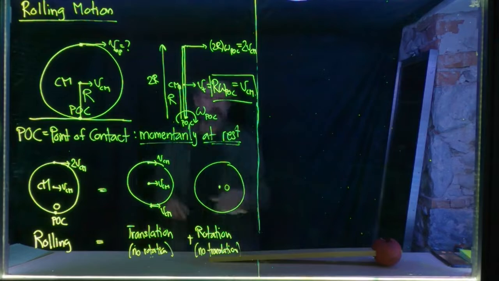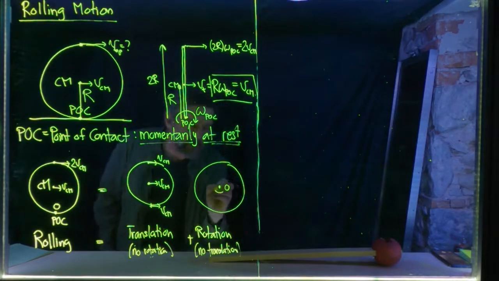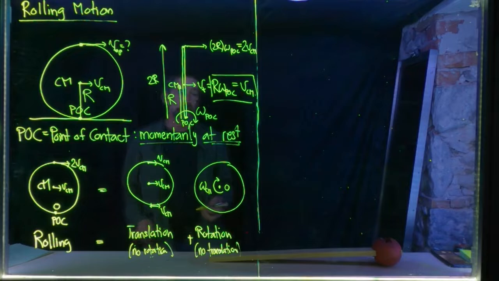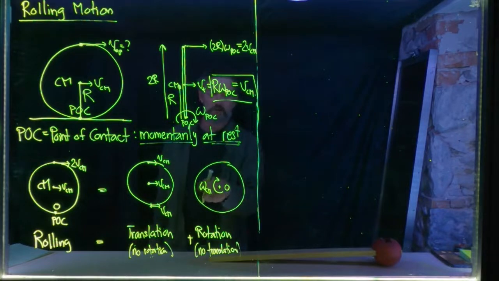However, this wheel is rotating about the center of mass point. Okay, and so there's some angular velocity, omega, about an axis passing through the center of mass point, some number of radians per second.